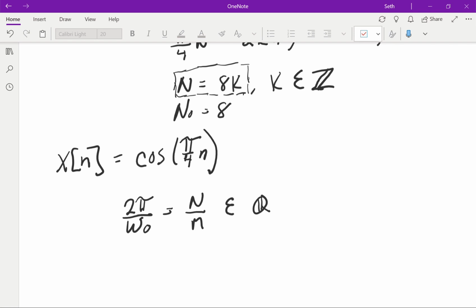If and only if it's a rational number, is x of n going to be periodic.